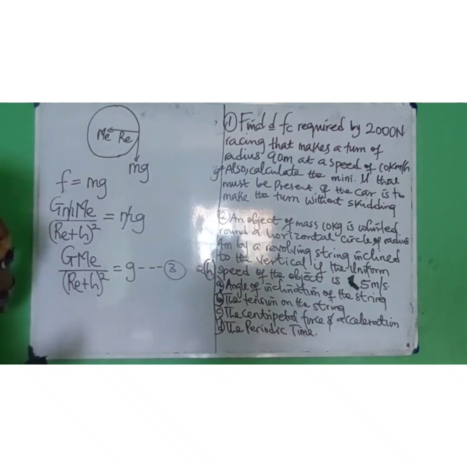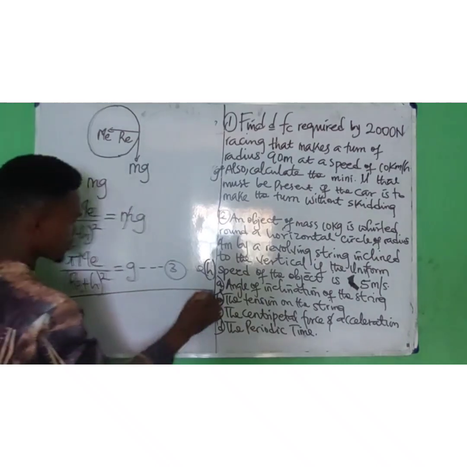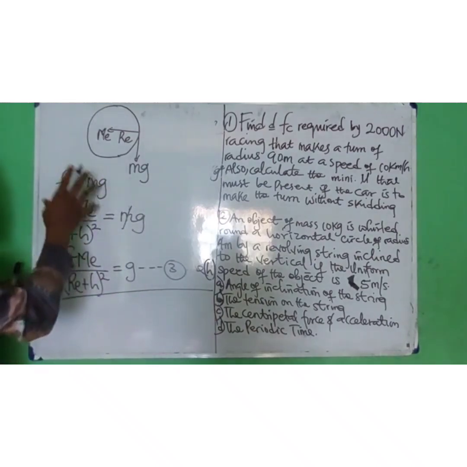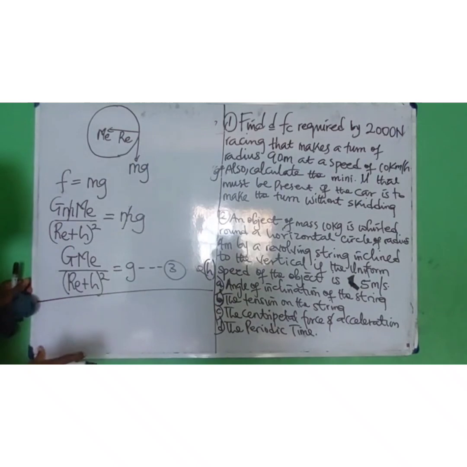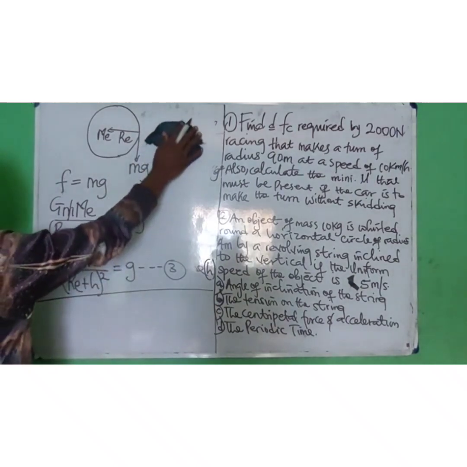Okay, so from what we've deduced already, let us introduce satellite motion. Yes, satellite motion. So I'll rub off this part. I believe this is clear enough, so just follow it step by step. You understand it, okay?